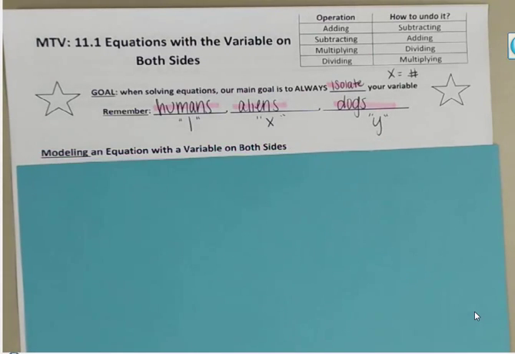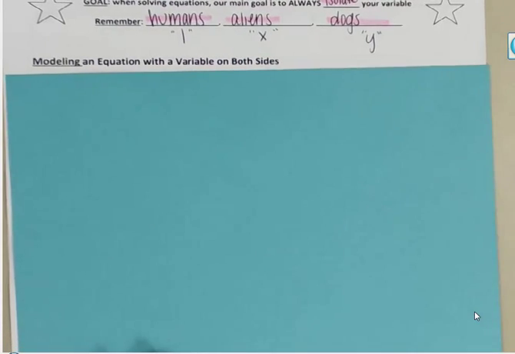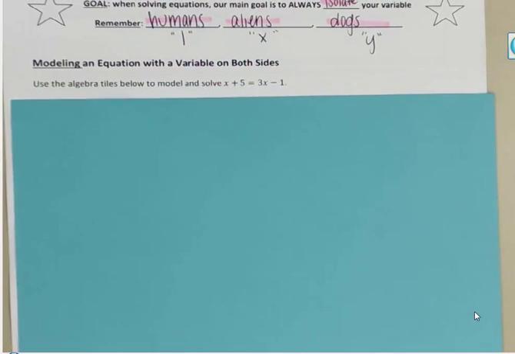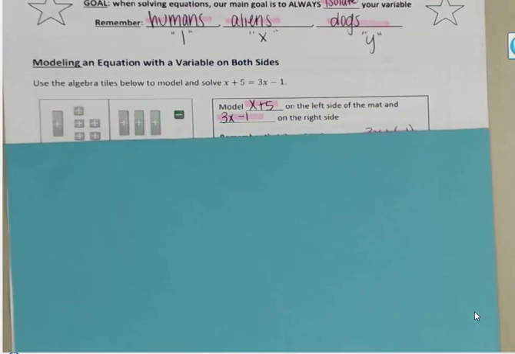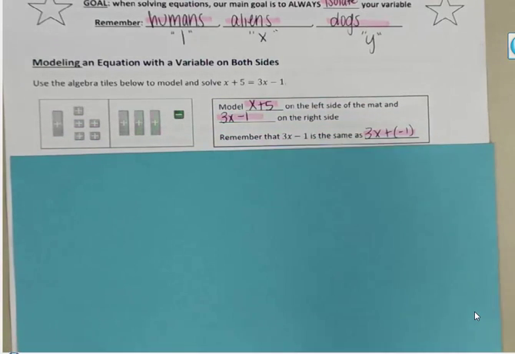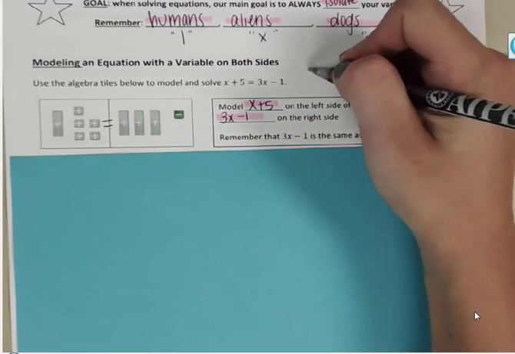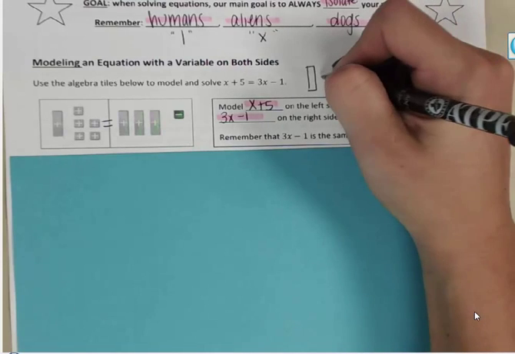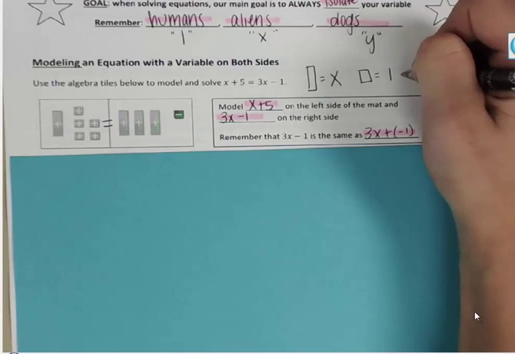So, how do we model an equation with a variable on both sides? How do we model this? Well, it says use the algebra tiles below to model and solve x plus 5 is equal to 3x minus 1. Alright, well our first one is, here's our mat, we set it up. The long ones are your x's and the short little ones are your 1's.